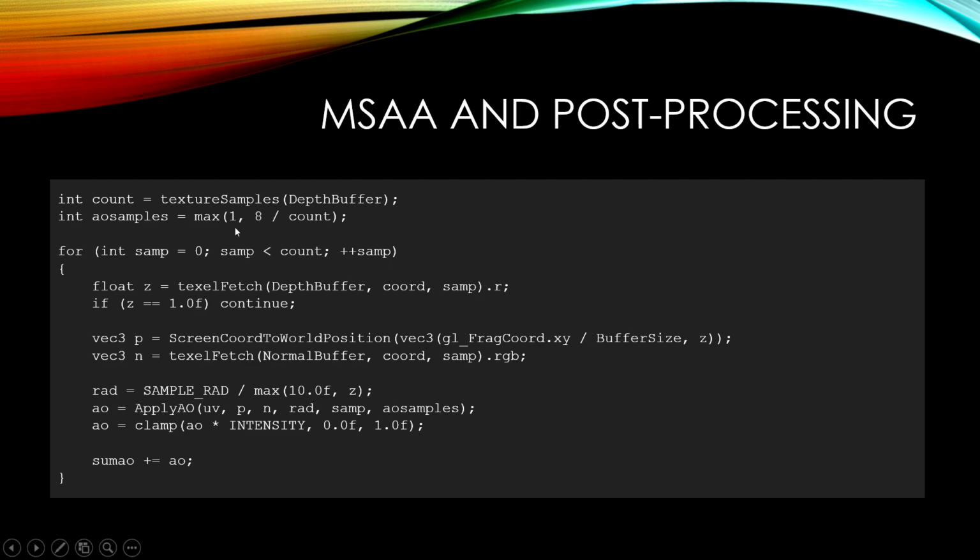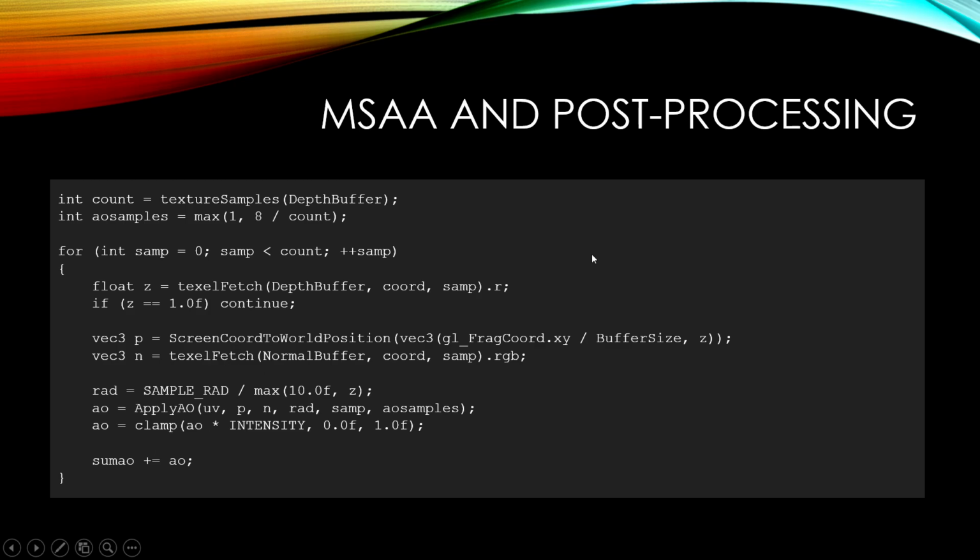So I did 8 divided by count, and then I had to set a max, because the MSAA value can go higher than 8. It might be 16, in which case this would be 0. So I want it to be at least 1. Then I just distribute the same number of samples across several textures.